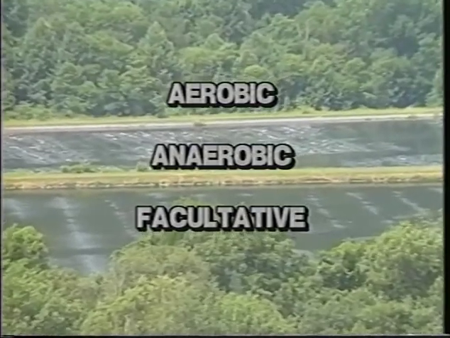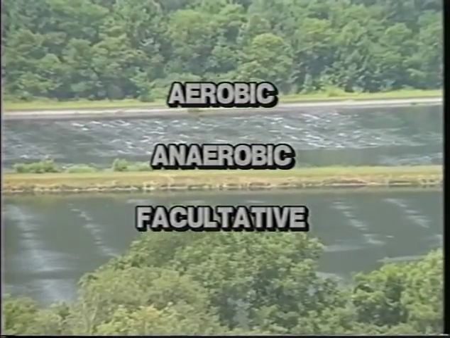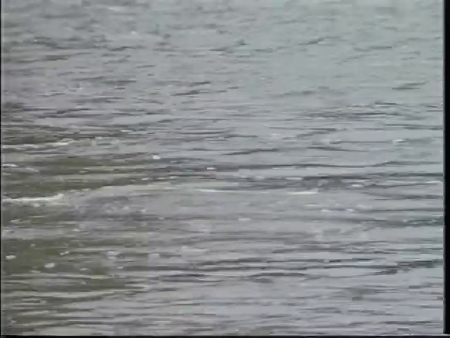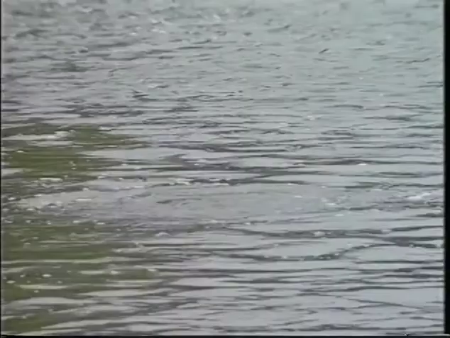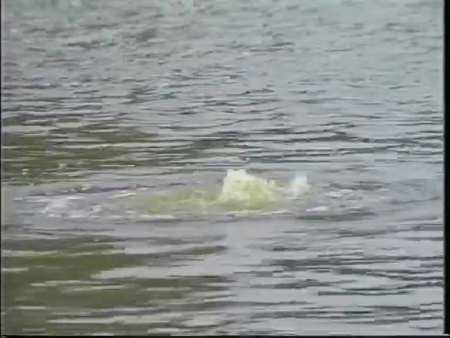The most common type of lagoon is facultative because it is very difficult to maintain complete aerobic or anaerobic conditions in a lagoon. In this type of lagoon, you will find aerobic bacteria in the top layers of the lagoon, while anaerobic bacteria thrive near the bottom.